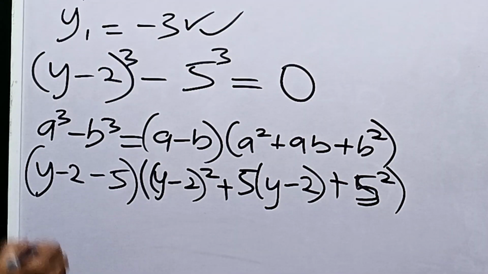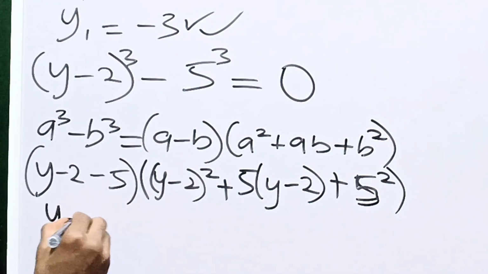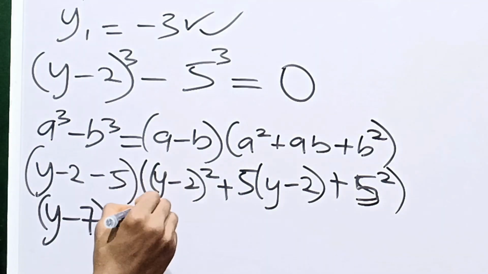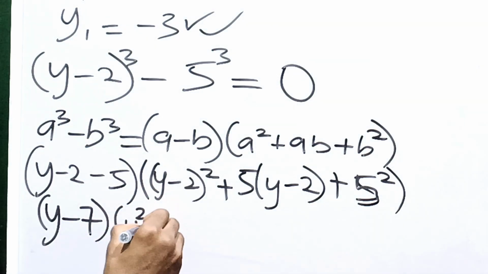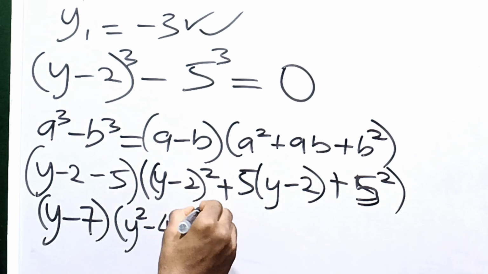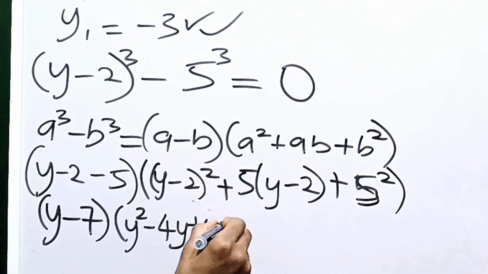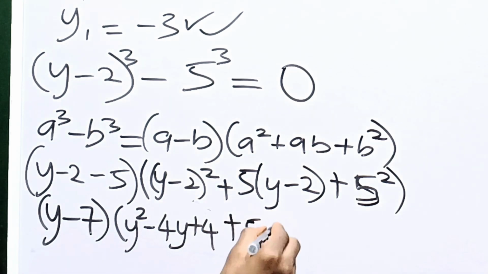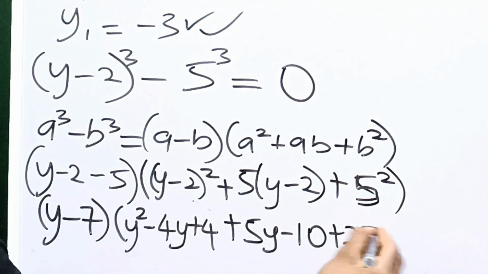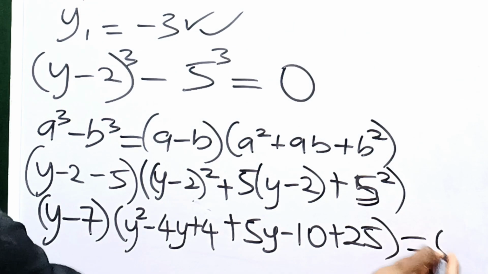y minus 2 minus 5 is written as y minus 7, multiplied by y minus 2 squared, which is y squared minus 4y plus 4, plus 5y minus 10 plus 25. And this is equal to 0, if you can remember.